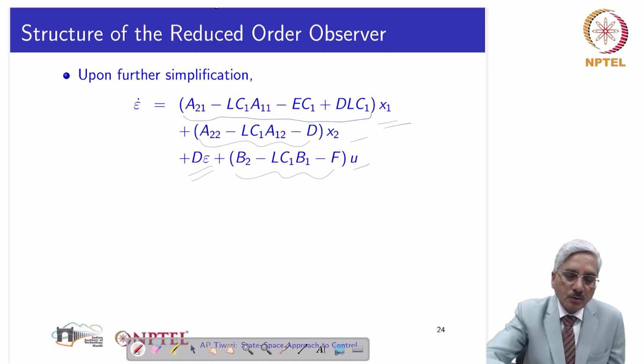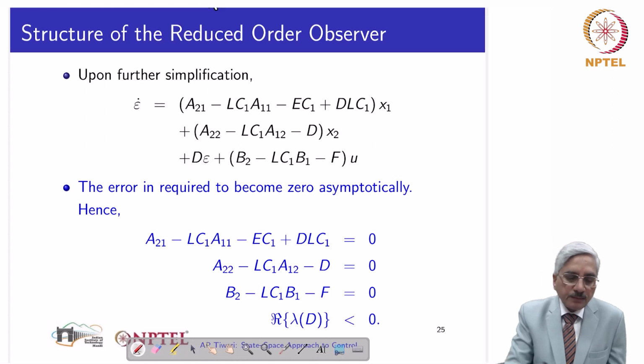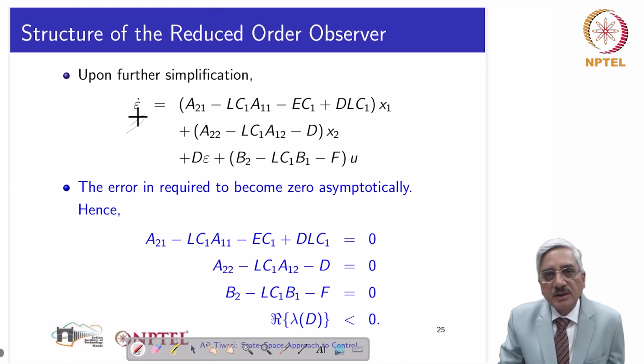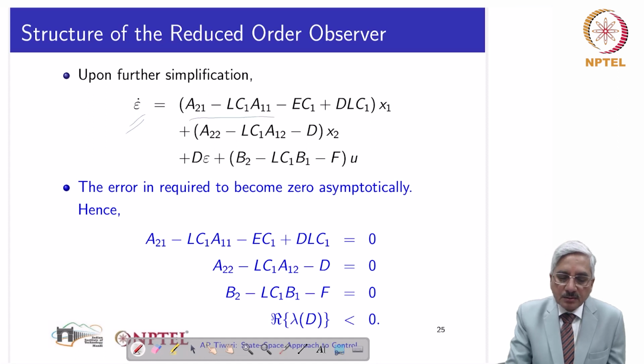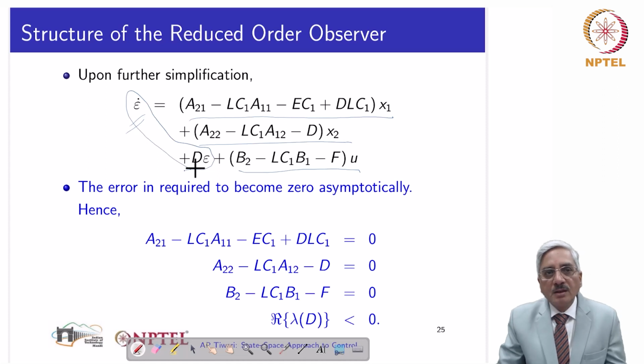Now very similar to what we considered for the full order observer, if this state estimation error has to become zero asymptotically, then this term should vanish, this term should vanish, this term should vanish, and the remaining xi dot equal to D xi, this autonomous system, should be an asymptotically stable system. Then the error epsilon dot will go to zero asymptotically.